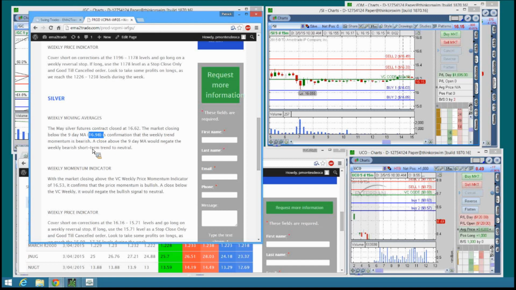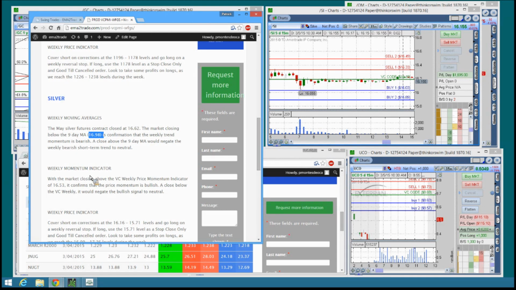So we had an indication of a potential little bearish momentum. But it also tells you that if we close above 1698, which is your trigger point for the uptrend acceleration, you know basically when that will happen.